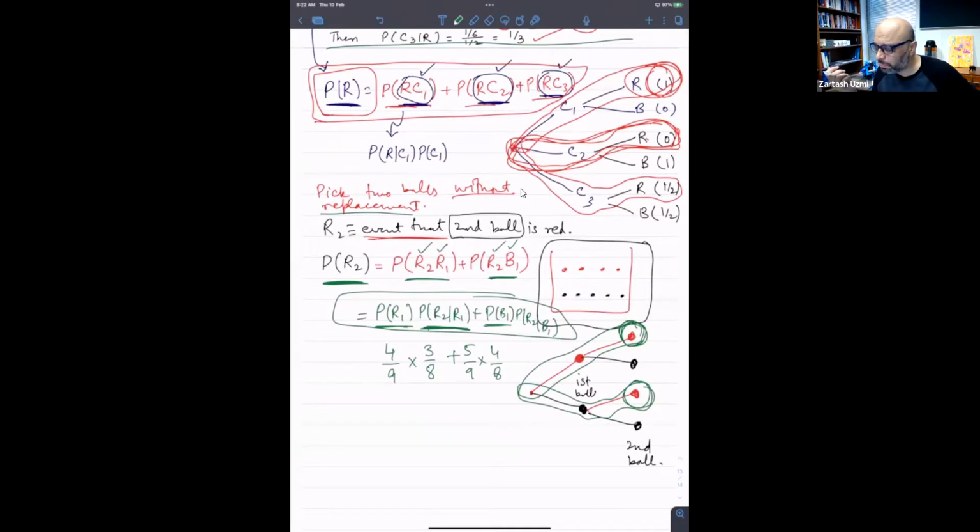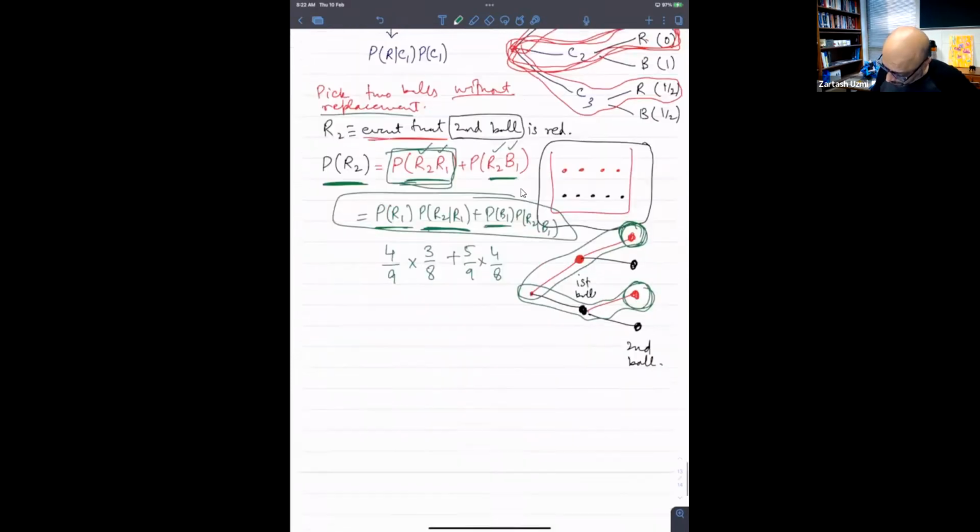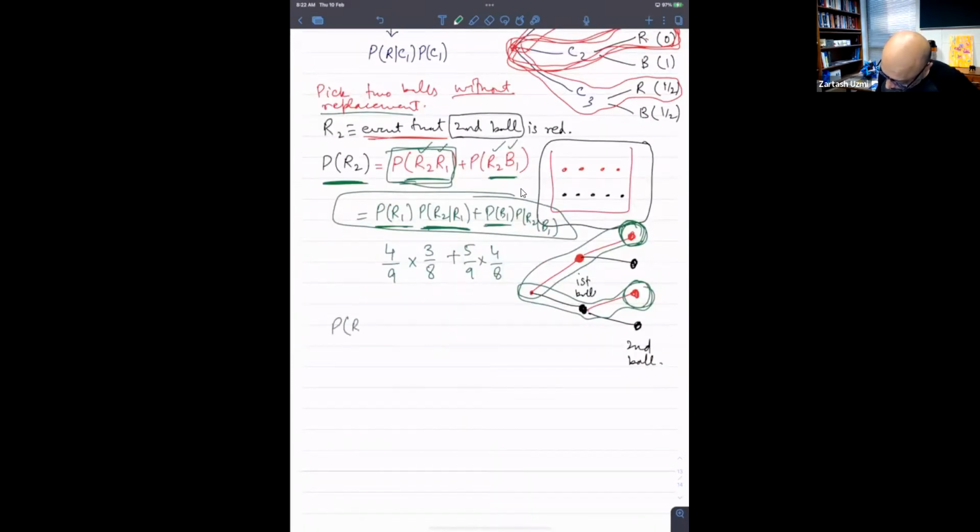It's a very trivial thing, but it might be useful in solving problems. The probability of R2 and R1 that I have written, and similarly R2 and B1, I have broken down into two terms. I wrote it as probability of R1 times probability of R2 given R1. This is according to the multiplication rule or the conditional probability formula, both are the same thing. So I broke it down this way.